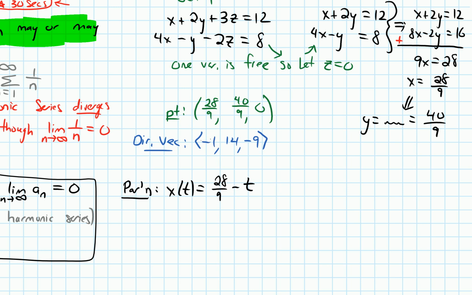Same thing for the y's: y of t is equal to 40 over 9 minus 14t. Same for the z's: z is equal to 0 minus 9t, so I'll just write minus 9t. Because we're talking about the whole infinite line, I need t to be any real number. And that's my parameterization.